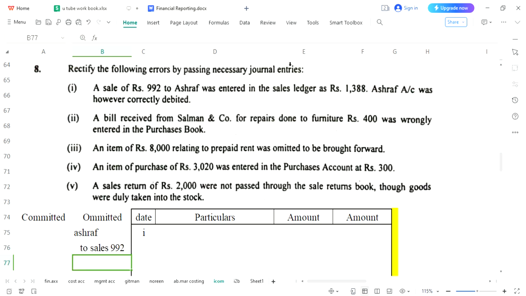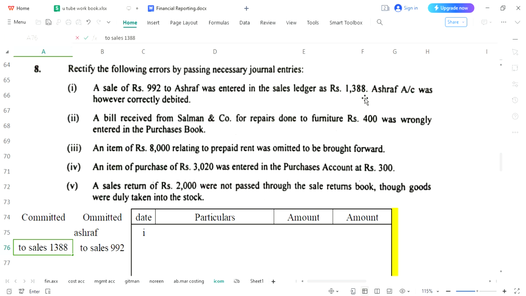Now let's see what mistake they have done. It was entered in the sale ledger. That means they have entered this amount in sale. Sale was credit. Write down sales over here. And how much amount have we put? 1388. Write down 1388. Ashraf was, however, correctly debited.